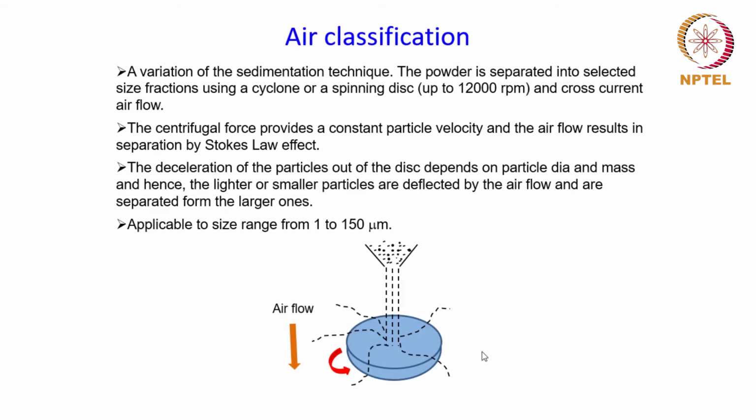Then we have this technique called air classification. This is nothing but a variation of the sedimentation technique. Here the powder is separated into selected size fractions using a cyclone or a spinning disc which rotates at high velocity up to 12,000 rpm, and a cross current airflow is used to separate out the particles as they fall on the rotating disc.